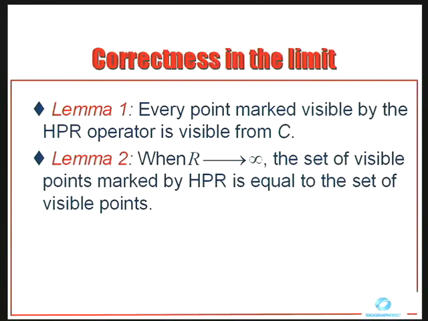In this case, lemma 1 claims that every point that is marked visible by the HPR operator is indeed visible from C. In other words, the set of points marked by the operator is contained within the set of points that are really visible from our point C. The second lemma claims that when R approaches infinity, the set of visible points marked by the HPR operator is equal to the set of visible points.